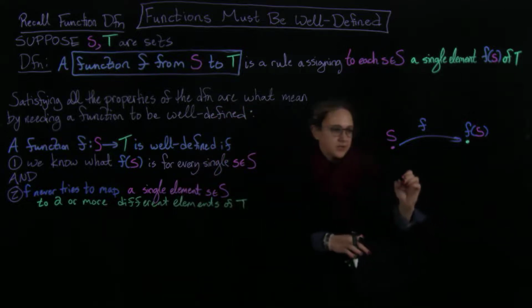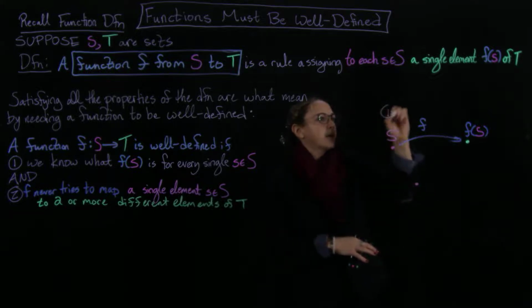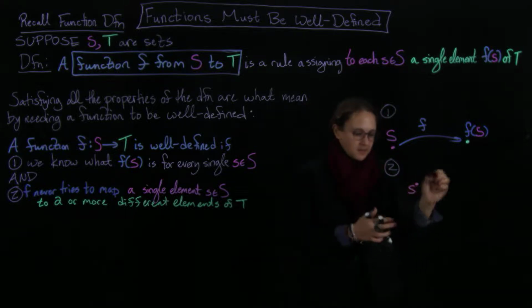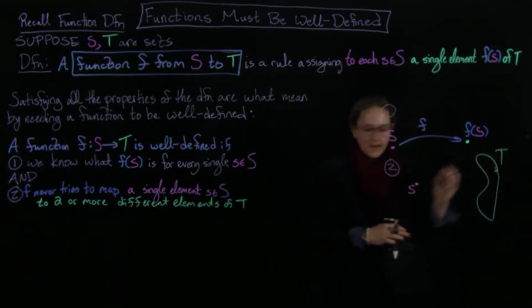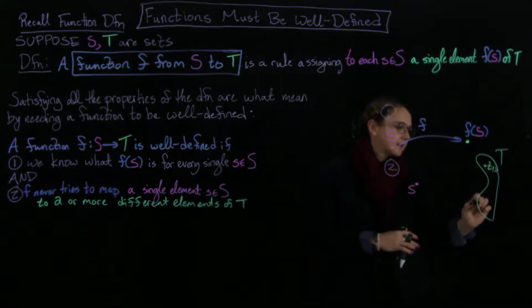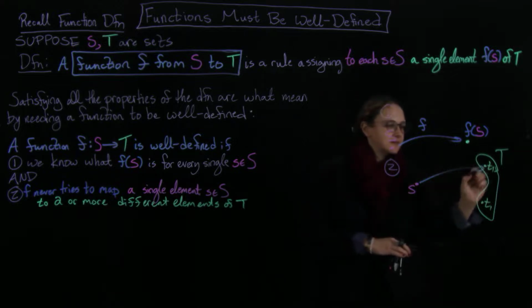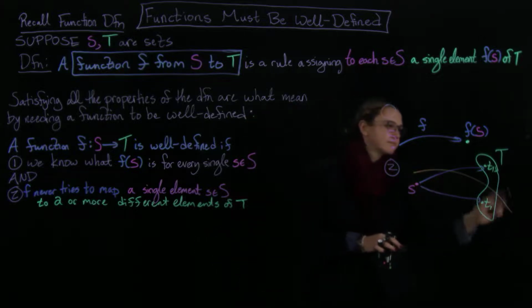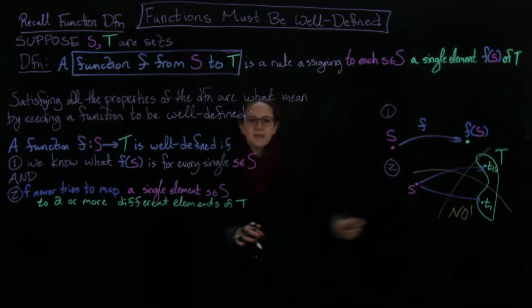This is our picture for 1. Our picture for 2 is a no picture. You don't have this s here, a single s, and I have my T here, and then I decide, well, I want to go to both that value and that value. So we don't do this. This is a no picture. Okay, so 2 tells me I can't do that.